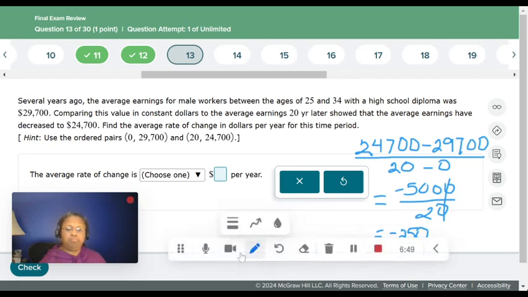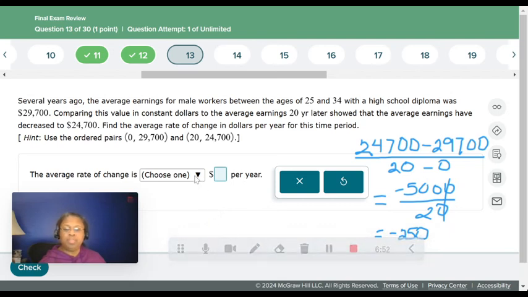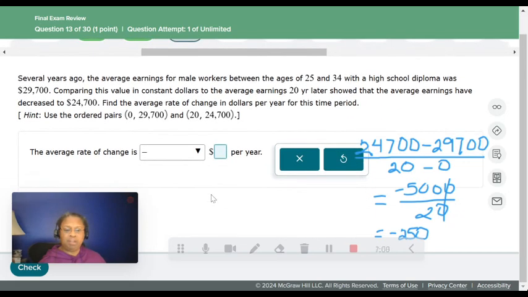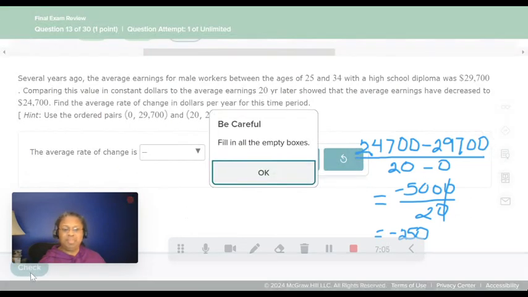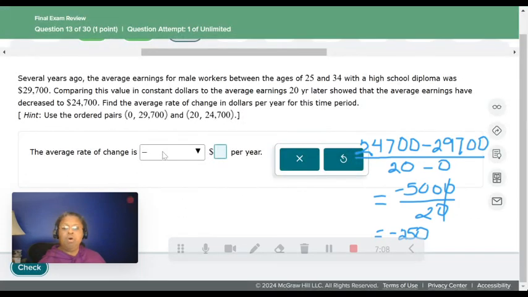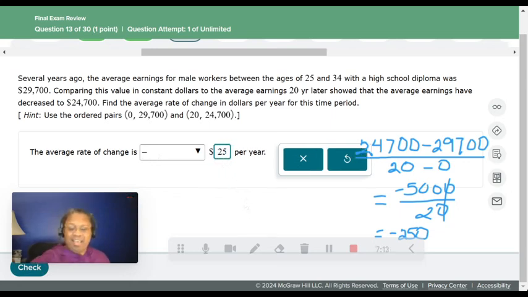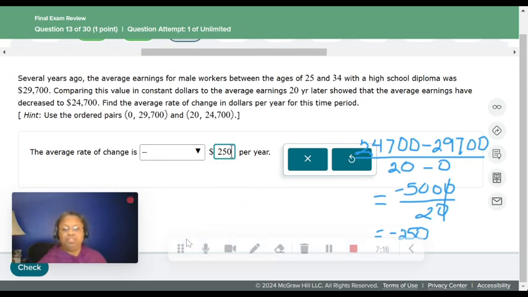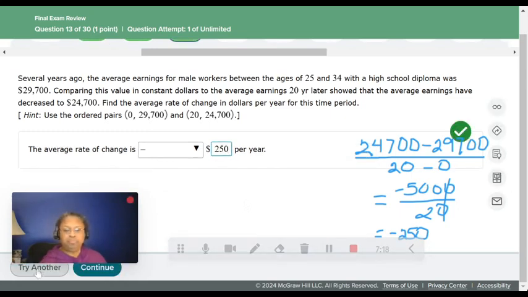So now I have to move that back so I can turn off the pencil. So the rate of change is negative. We didn't have to solve it? Okay, good practice. Oh, okay. It's negative and then there it is. I thought they had left that out. So now let's check it. So the average rate of change is a negative $250 per year. That's crazy.